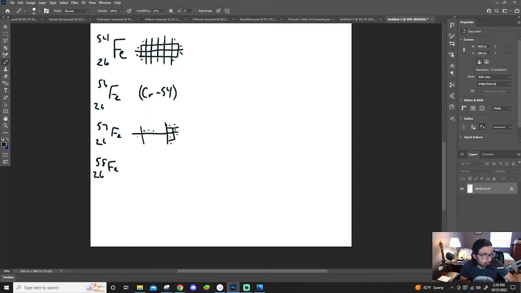And then the front end like this. Okay. And again, same thing. Front end and tail end. Dot, dot, dot.